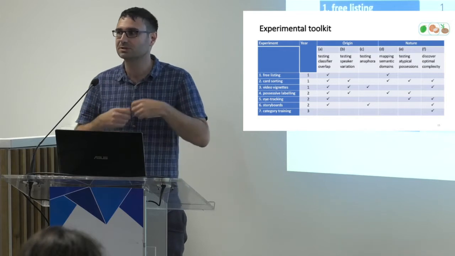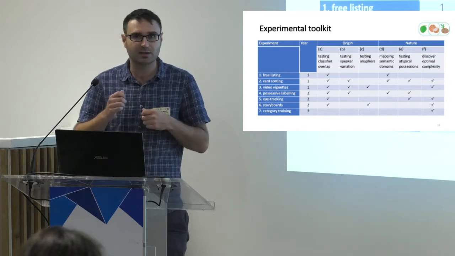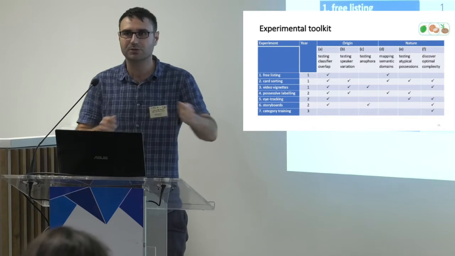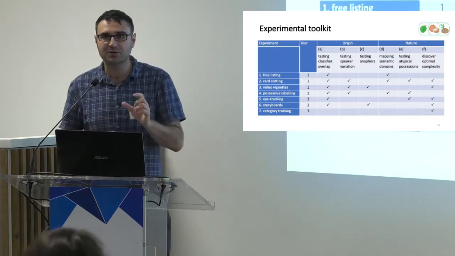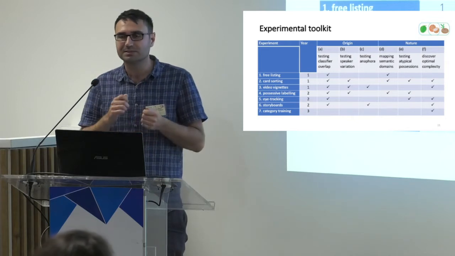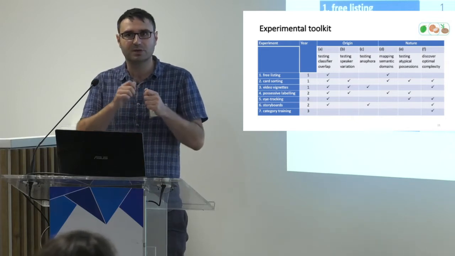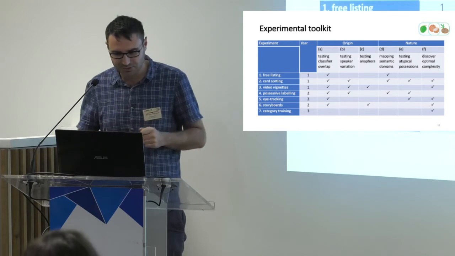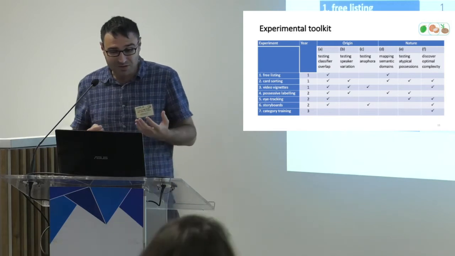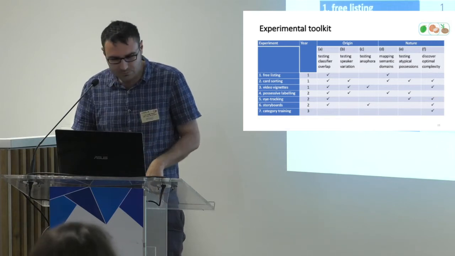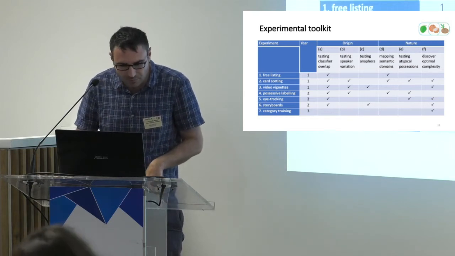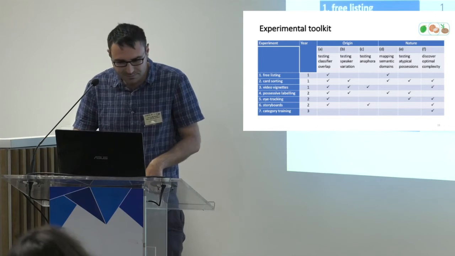Card sorting as well, which is a set of pictures that participants have to put according to their classifier categories, and also some video vignettes, which are little video clips testing whether or not a particular noun can be used with different classifiers. Because I haven't had much time to look at the data yet, I'm just going to show you some results from the video vignettes.